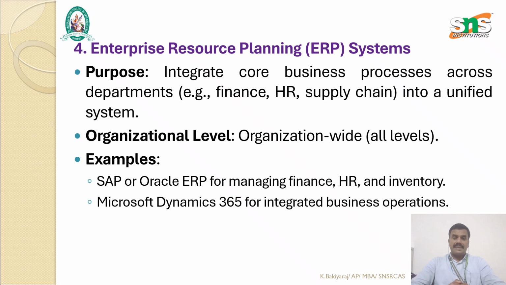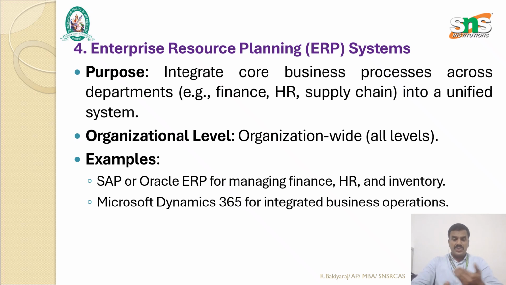The fourth one is enterprise resource planning systems. ERP is a kind of database which stores the data from the entire organization. ERPs integrate the core business processes across various departments, for example finance, HR, and supply chain, into a unified system.